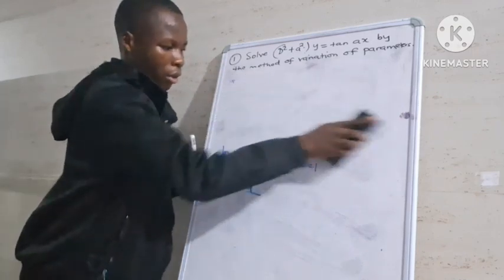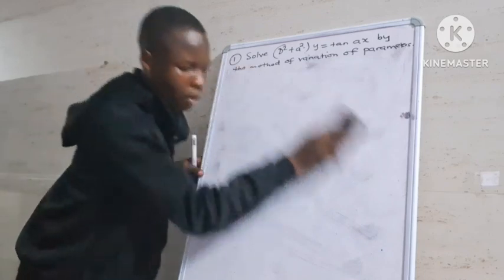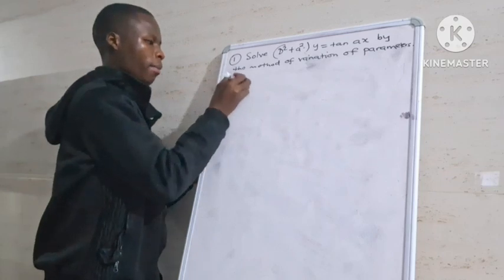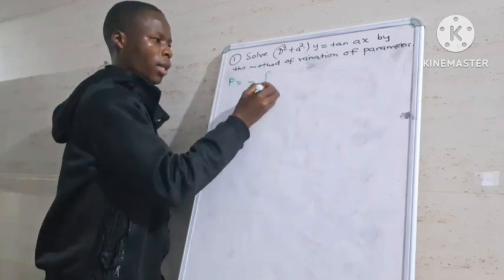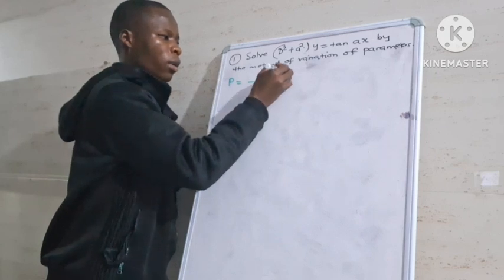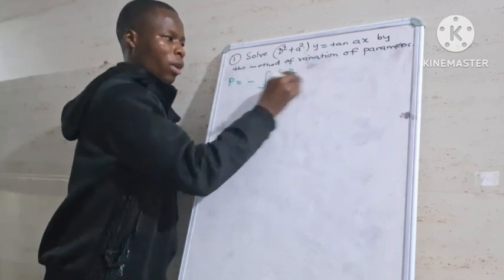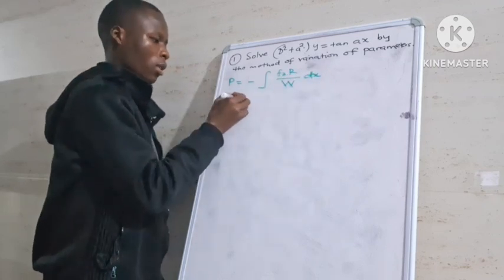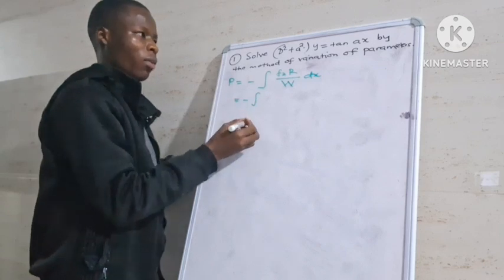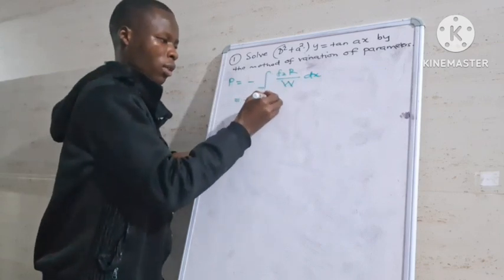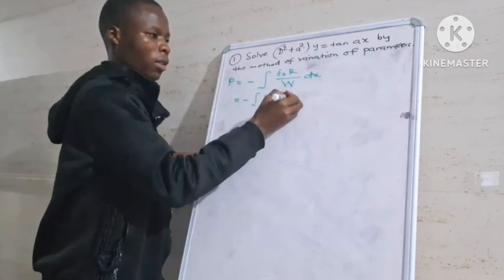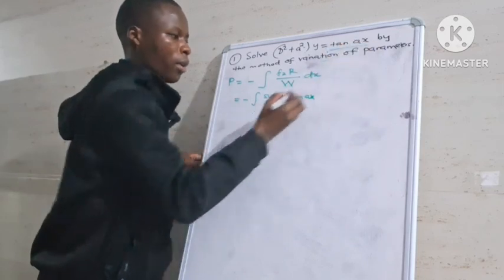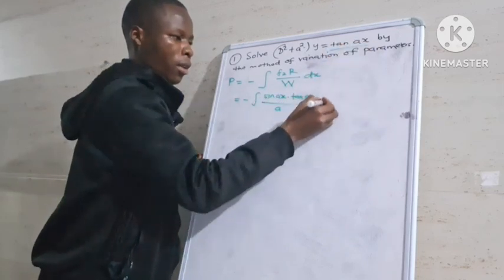Now you are supposed to find the value of P. Remember, P is equal to negative the integral of f2 times R divided by W with respect to x. This is negative the integral of f2, which is sin ax, times R, which is tan ax, divided by a.